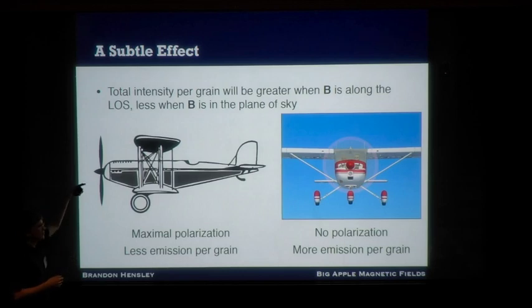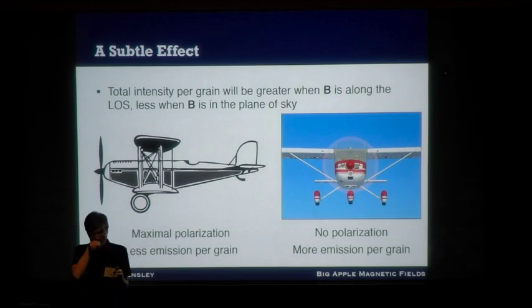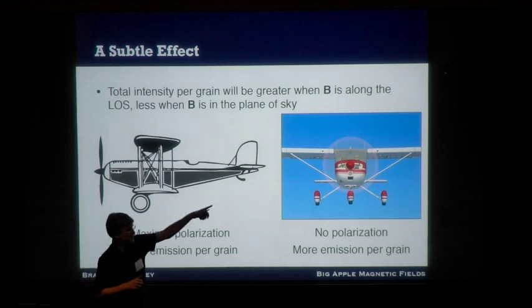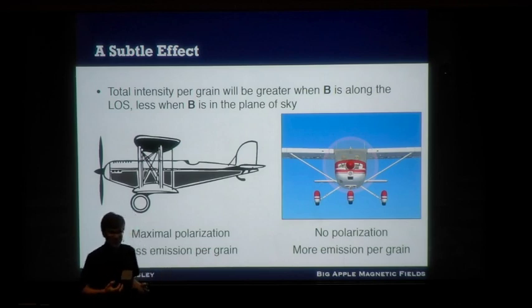So you always are looking at a short axis, so you're going to get less emission per dust grain. In this case, the short axis is pointed at you, so the photons are never propagating toward you with their electric field aligned with the short axis of that grain. And so you really see two long axes of the grain, and so that enables that grain to give you more polarization.